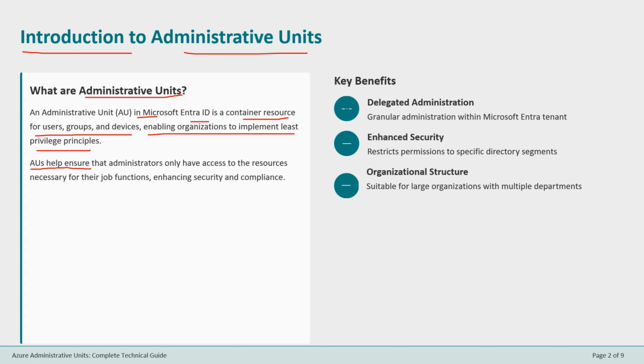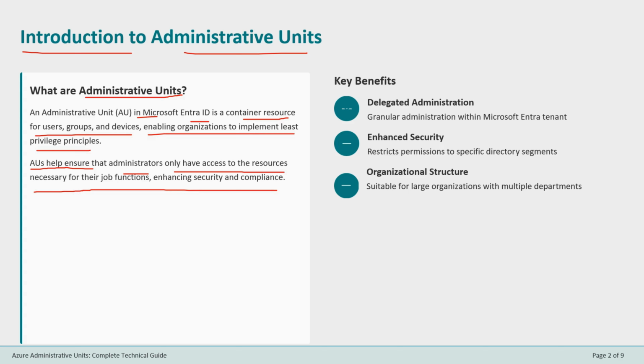An AU helps to ensure that administrators only have access to the resources necessary for their job functions, enhancing security and compliance. So basically, an administrative unit is a container for users, groups, and devices that will give access to that particular container only.